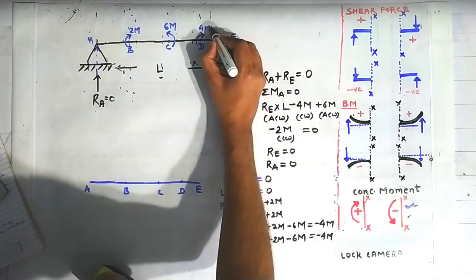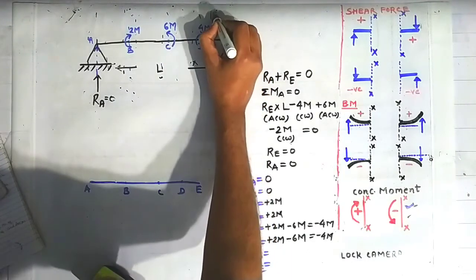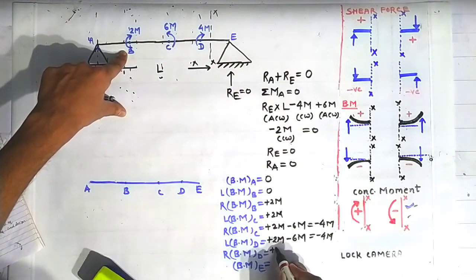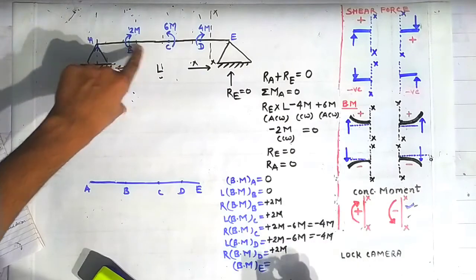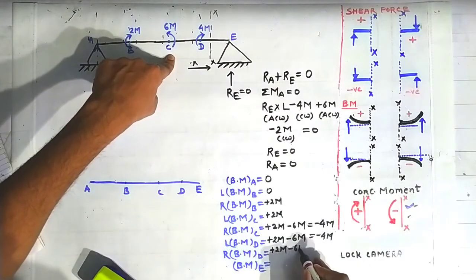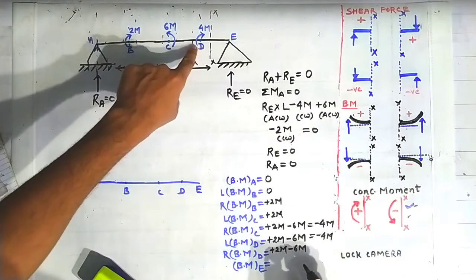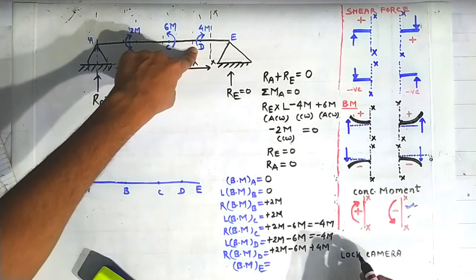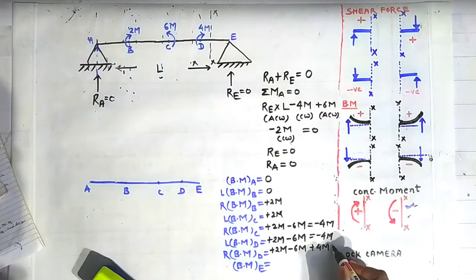Now bending moment on the right side of the point D, if you want to calculate, then we have to construct a section here on the right side of the point D. Now looking on the left side of this section, you can see that this moment is contributing toward plus 2m using this sign convention, this is contributing toward minus 6m, and this is contributing toward plus 4m, and all of these will give us how much? 0 bending moment.